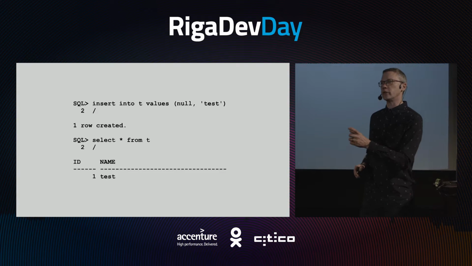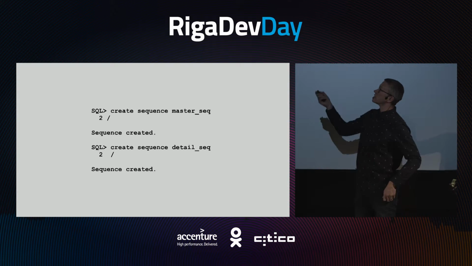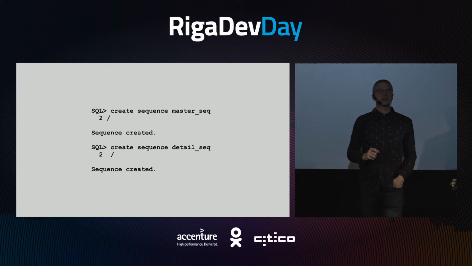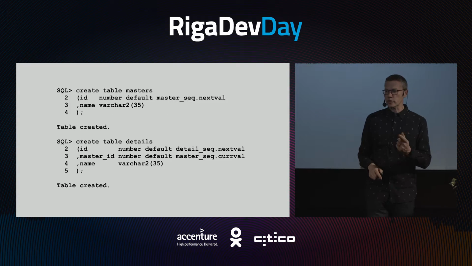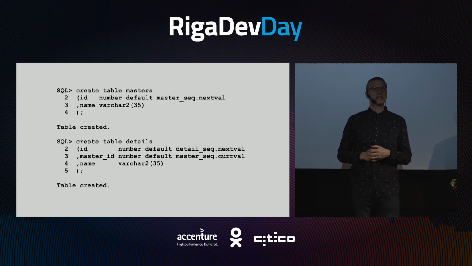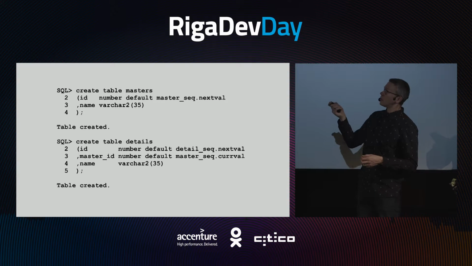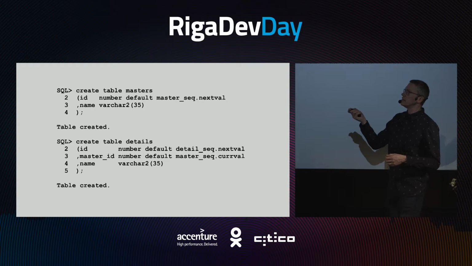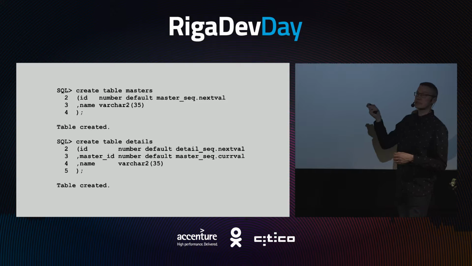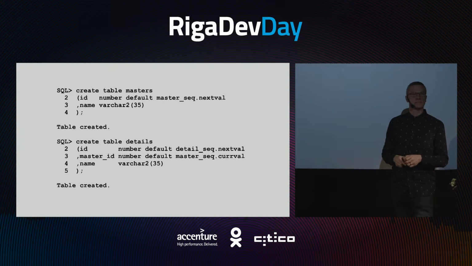So one trick you can do with this one, with the default, is say I got 2 sequences, like a master sequence and a detail sequence, and also have 2 tables, a master's table and a details table. The master's takes the default from the master sequence, and the details table takes it from the detail sequence, as well as the foreign key from the master sequence.